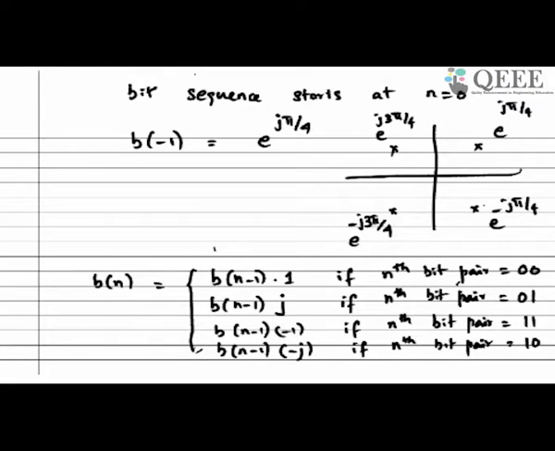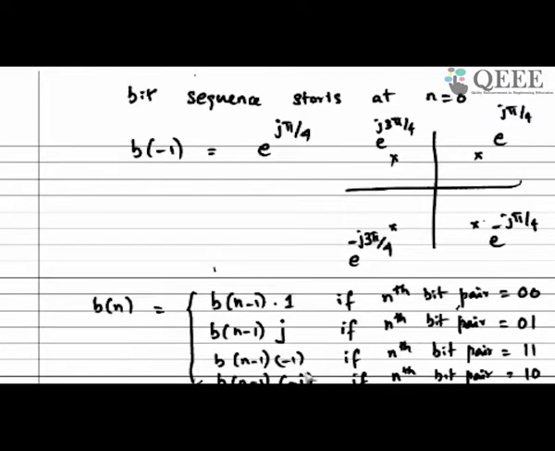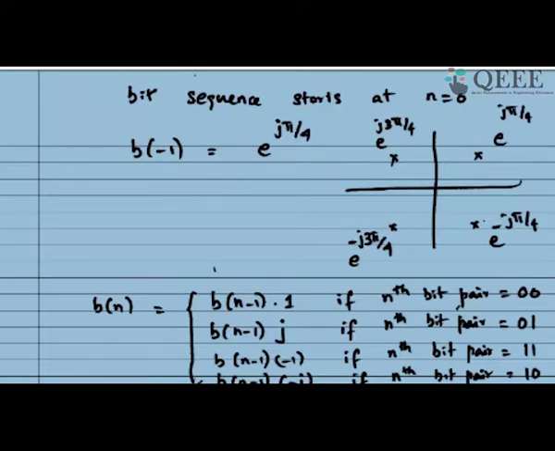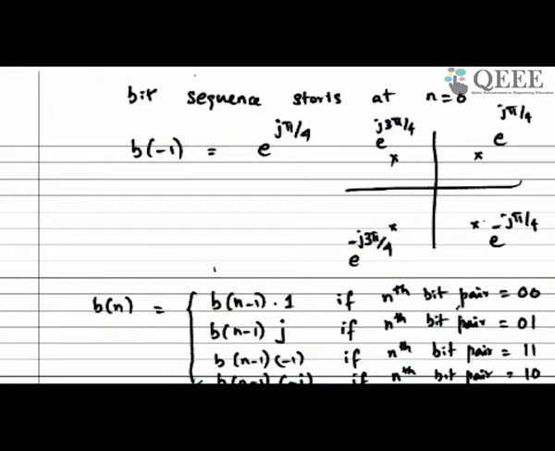So now in BPSK there are only two possible values for phase, 1 and -1, right? In QPSK you have more possible values for phase. The phase is pi by 4 or 3 pi by 4 or minus pi by 4 or minus 3 pi by 4, right? So now you have four possible values for phases. So this is how differential QPSK will do the mapping.